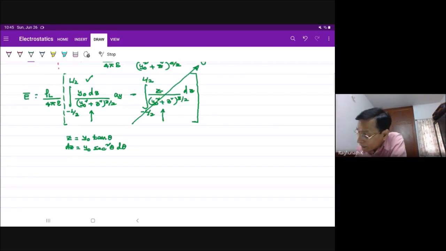The limits go from minus tan inverse of L by 2 y naught to plus tan inverse of L by 2 y naught.